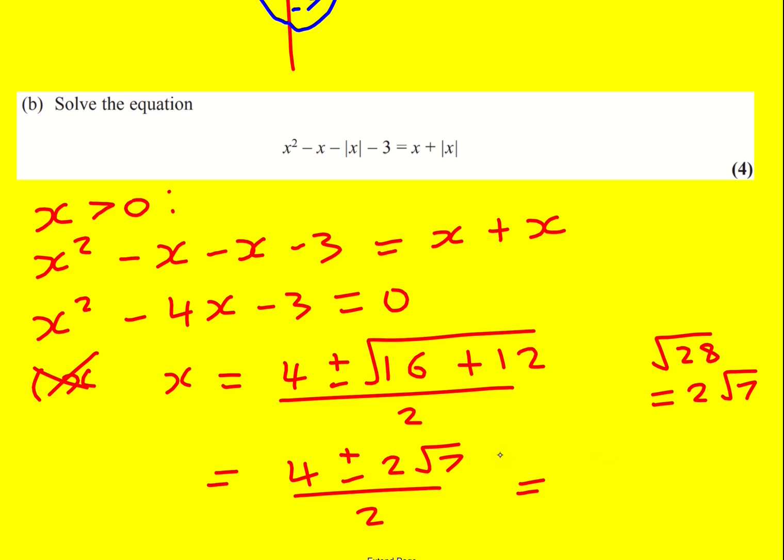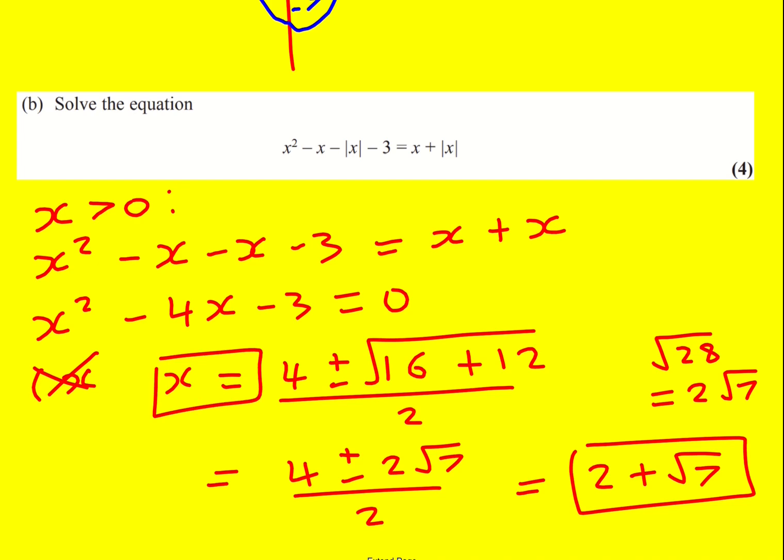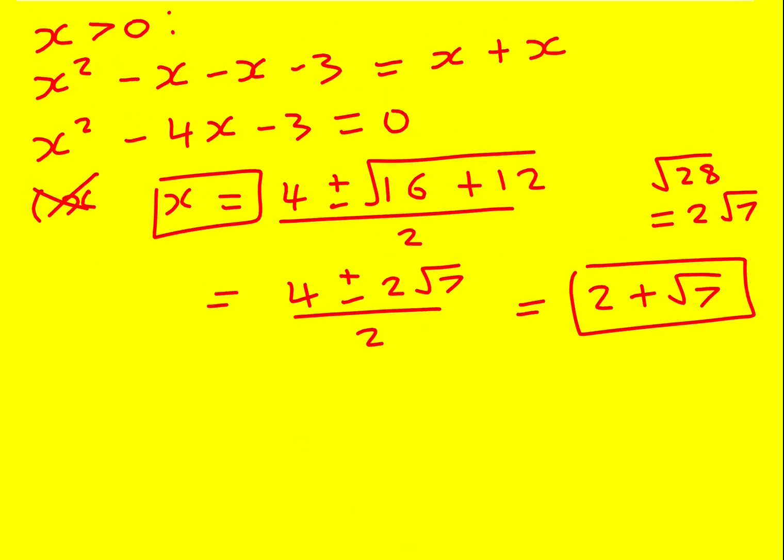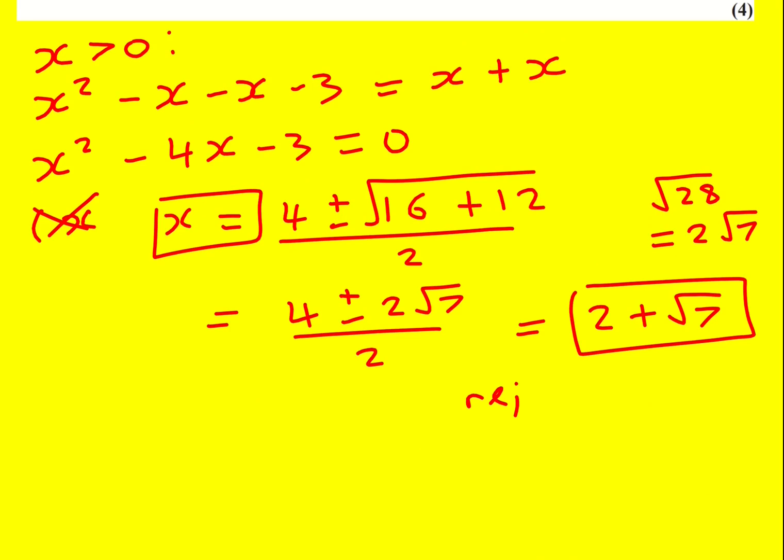And remember, I'm only interested in the positive one, since x is greater than 0. Root 28 is bigger than root 16, so 2 minus root 7 will definitely be negative. I'm only interested in the positive one, so it's going to be 2 plus root 7. That's going to be my answer. Reject the negative one.